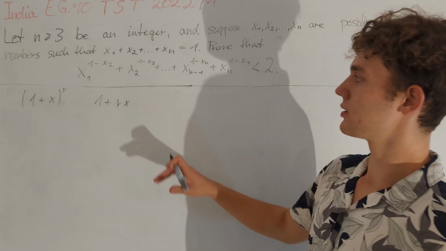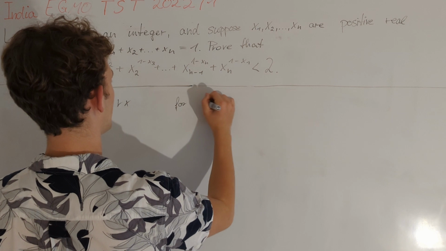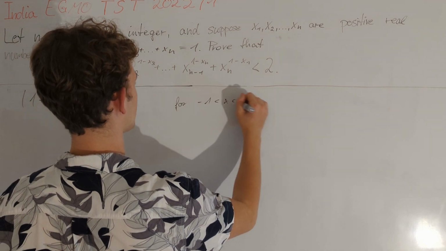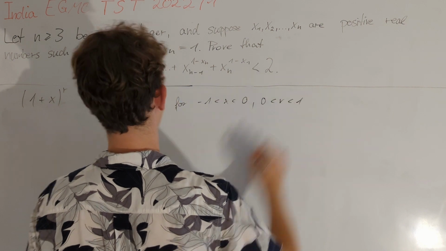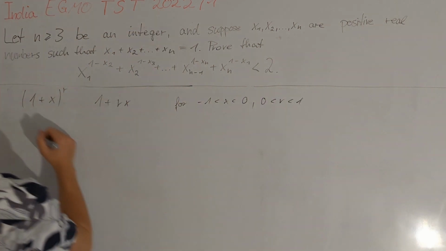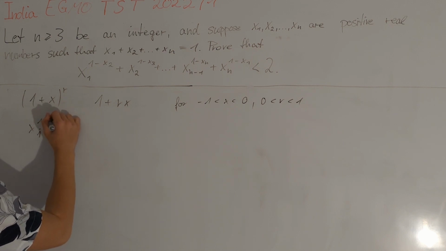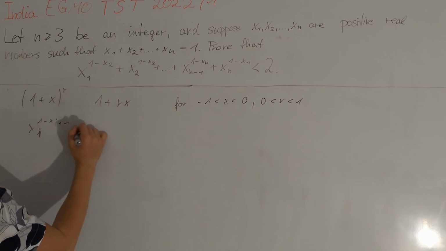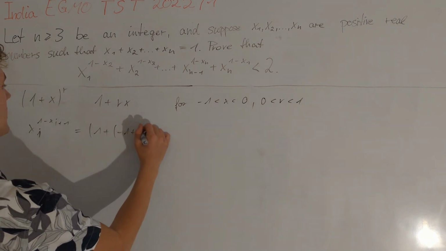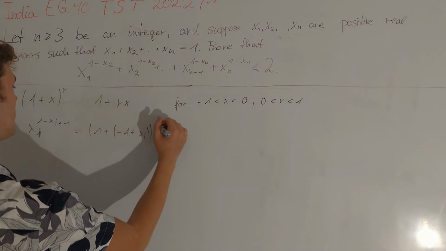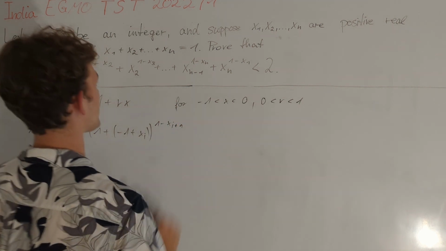But we are interested in very particular cases where -1 is less than x less than 0 and 0 is less than r is less than 1. That is because we know that xi to the power of 1 minus x(i+1) is nothing but 1 plus (-1 plus xi), all raised to the power of 1 minus x(i+1).